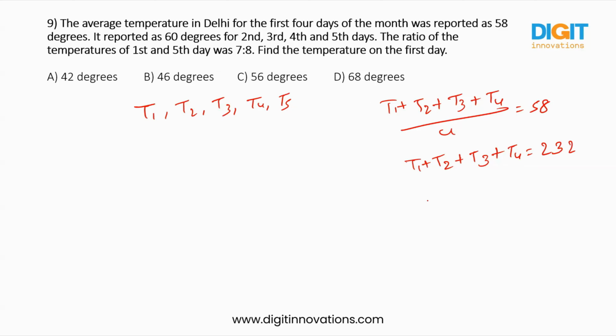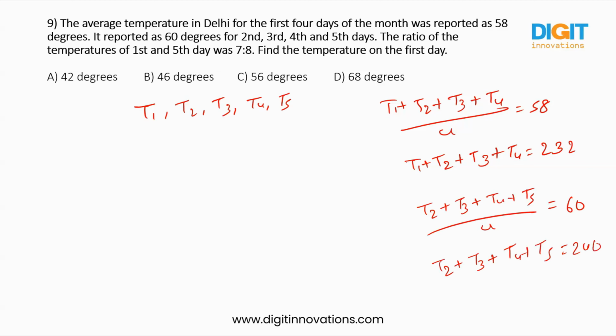And next, second to fifth, T2 plus T3 plus T4 plus T5 by 4 is 60 degrees, so the sum is 240. They are asking to find the temperature of the first and fifth day, and we know the ratio, which is 7:8.